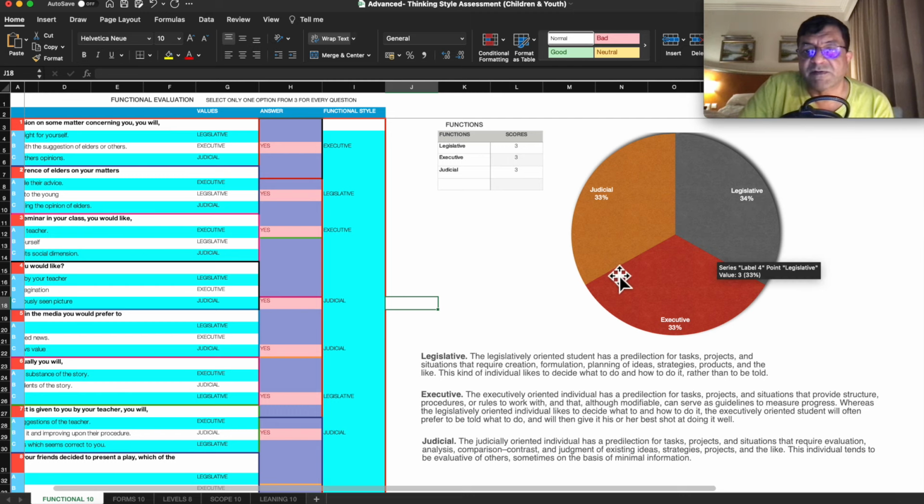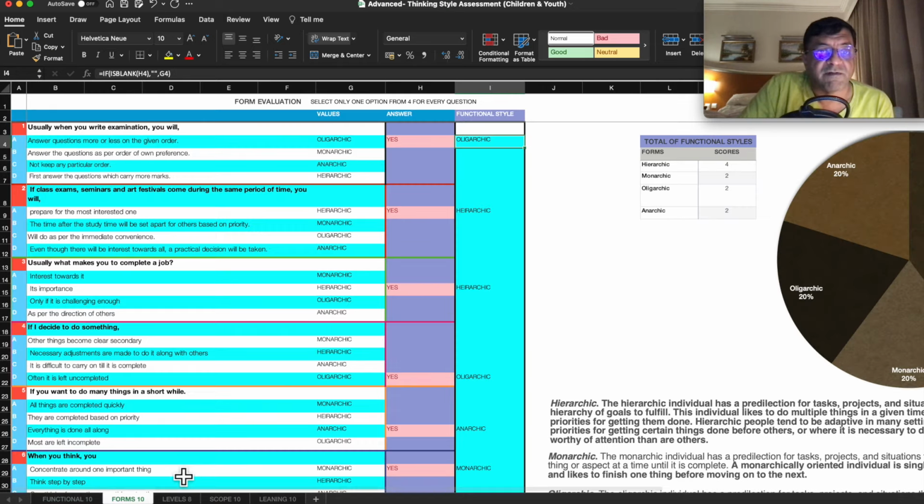So this pie chart, for example, shows that this person is better at legislative kind of tasks. That's all it means. Next comes the percentage of judicial and executive, which are almost equal here. So your idea should be to get the best of what your dominant side of your personality is. What are you best suited to?